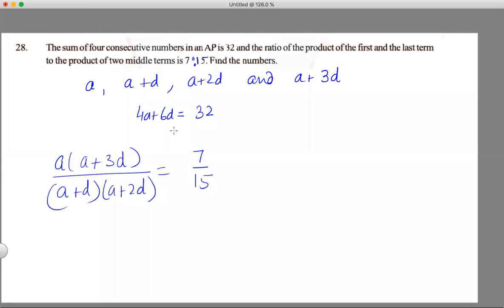Can we make some change in this method to make our calculations easier?